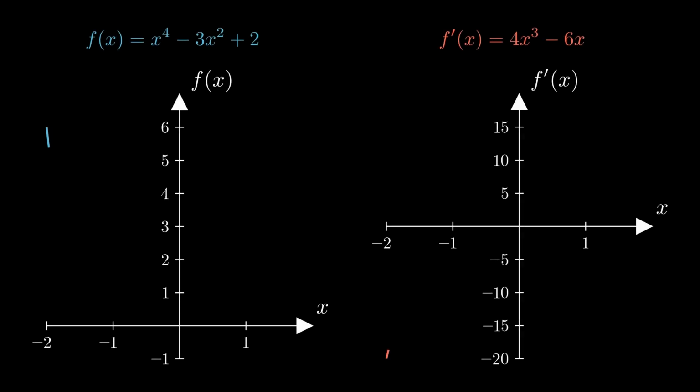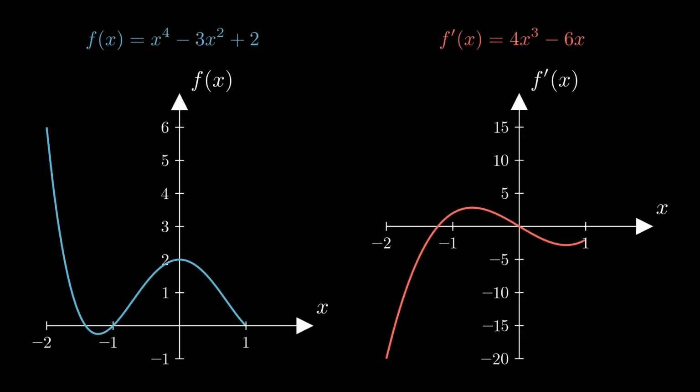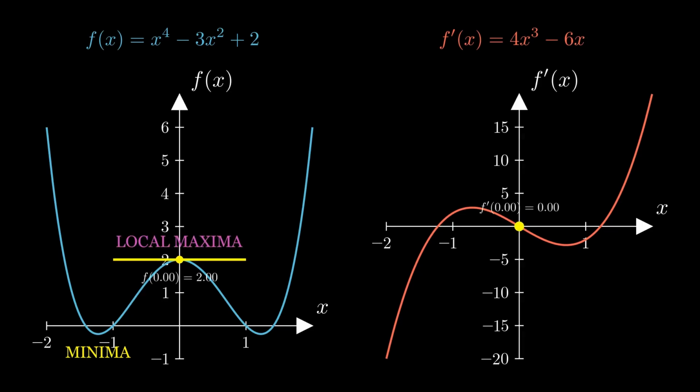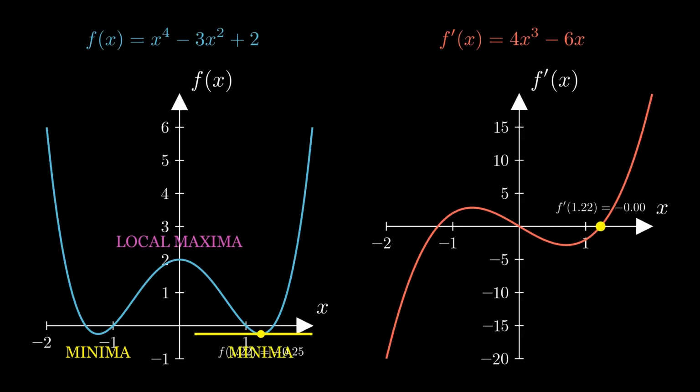Since we get three different values of x, there happen to be 3 points on the function where f dash of x, or the slope of the tangent line on the curve, is equal to 0, corresponding to these 3 values of x. 2 are minima, and 1 is a local maxima, that is, maximum compared to its surroundings.